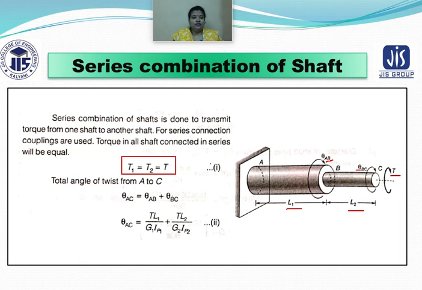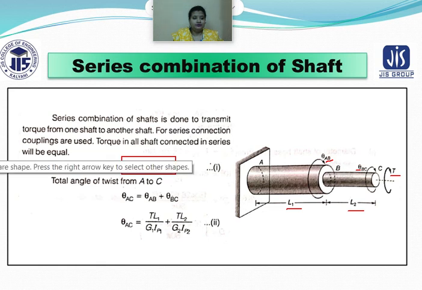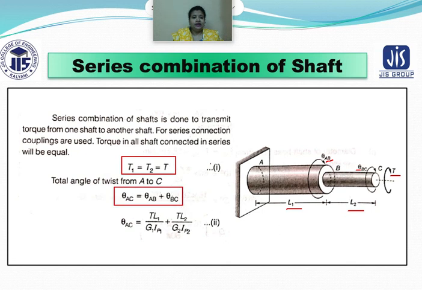And if you need to know the angle of twist from A to C, this is the entire angle of twist that will occur in this particular shaft. Then in that situation, you have to remember that theta AC is equal to theta AB plus theta BC.